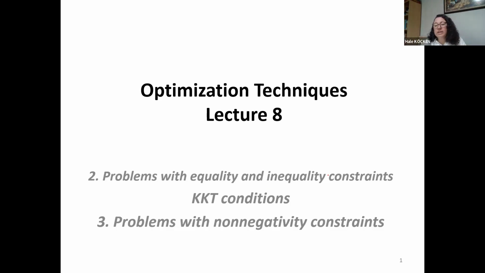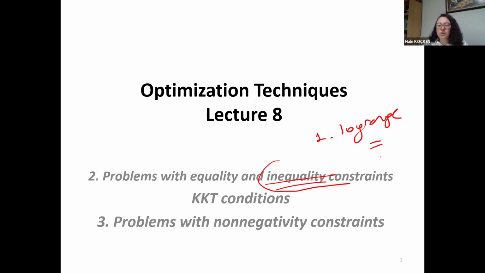Especially we focus on the inequality part, because in subtitle 1 we covered Lagrange conditions with equality constraints, and then last week we covered what we do with inequality constraints. The answer was KKT conditions, Karush-Kuhn-Tucker conditions, to convert a constrained problem into an unconstrained one. We covered this one last week.